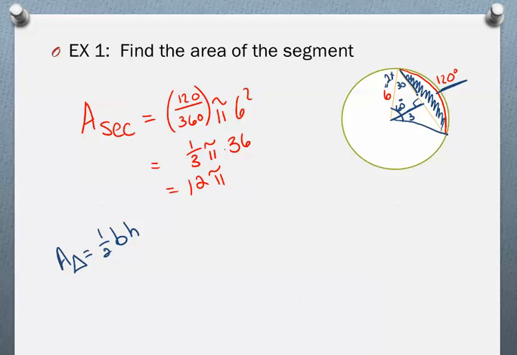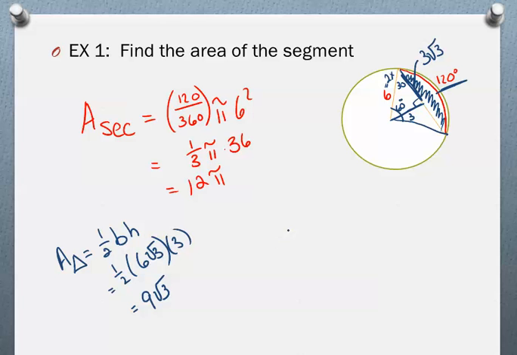And half of this chord right here would be 3 square root of 3. So our base would be double 3 square root of 3, so it would be 6 square root of 3. And our height would be 3. So our entire area of our triangle would be 9 square root of 3.